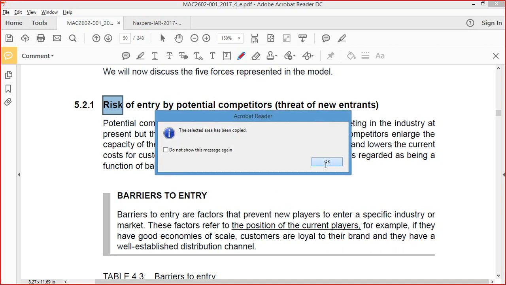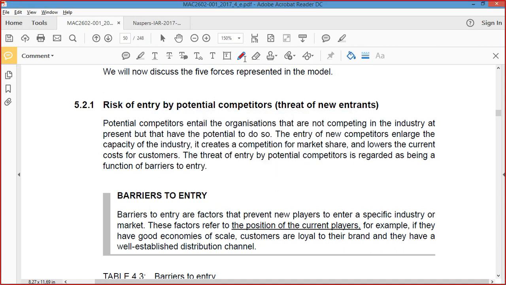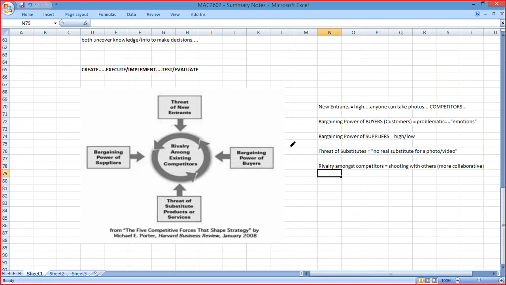Is the risk high or low? What would you say? Is there a high risk of rivalry? Yes, there is. So yes, there is a risk. Like I mentioned earlier, most clients. Okay, let me ask you this.